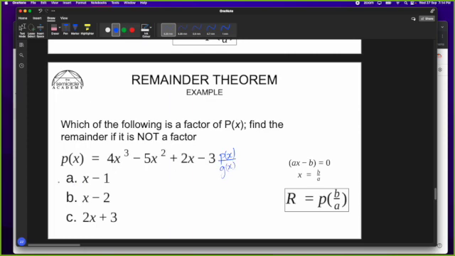In this case, g of x is x minus 1. I want to know if x minus 1 is a factor of this, but I'm too lazy to go and do the entire long division.